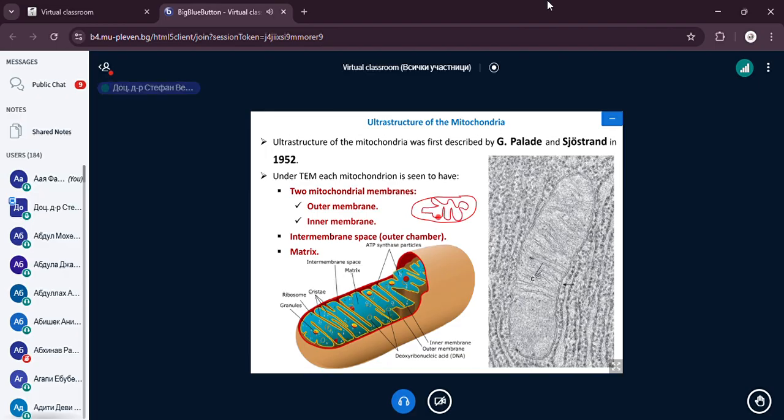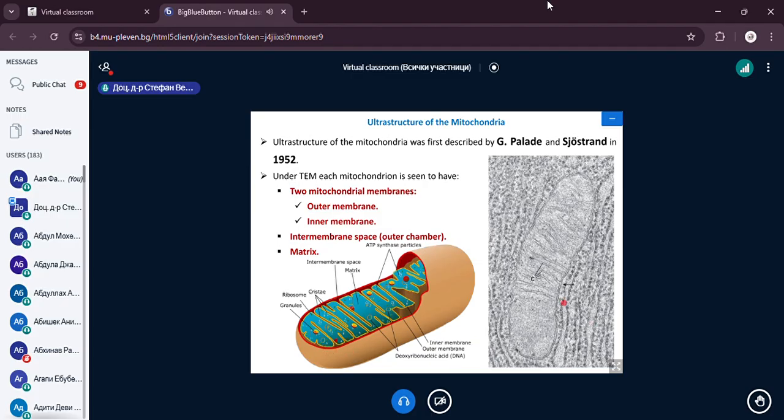Between the two membranes, there is a space called intermembrane space, and in the center of the mitochondria there is a space which is filled with a special substance and other elements there called matrix. And these are the major structural elements of this organelle.